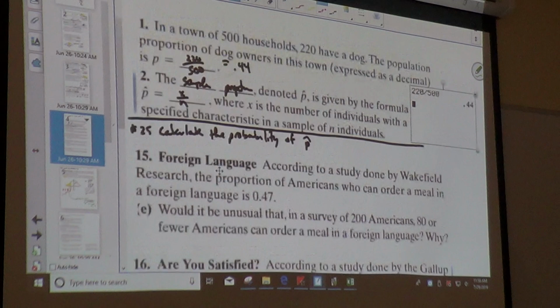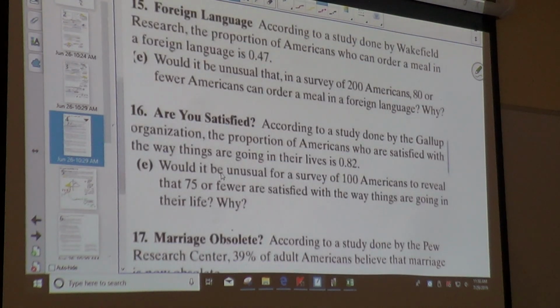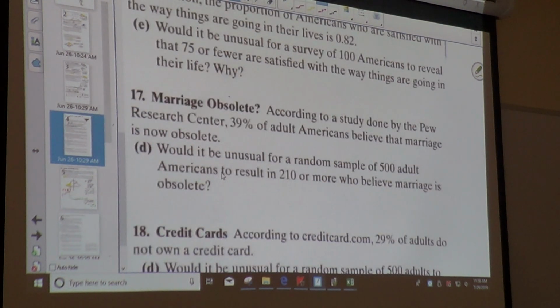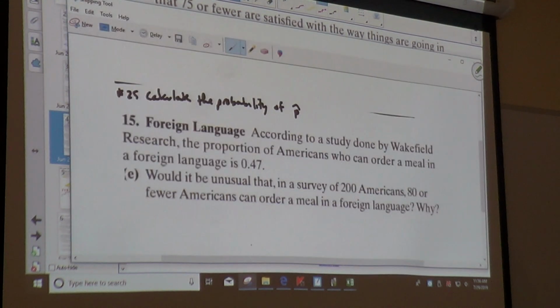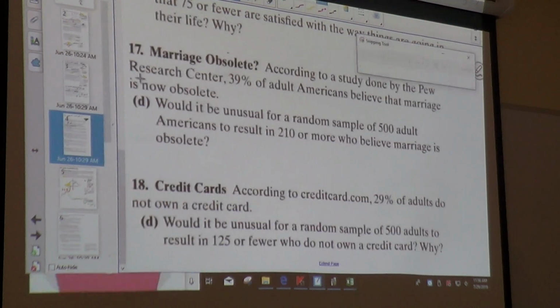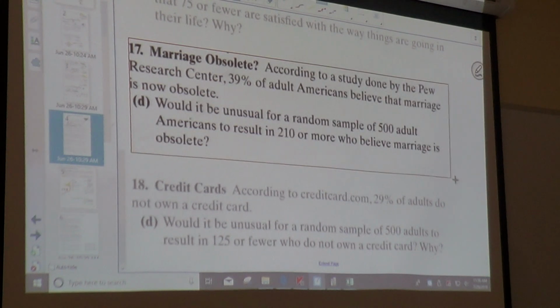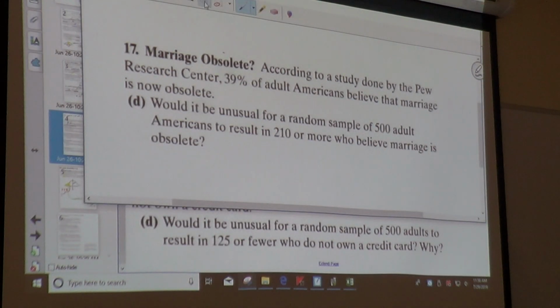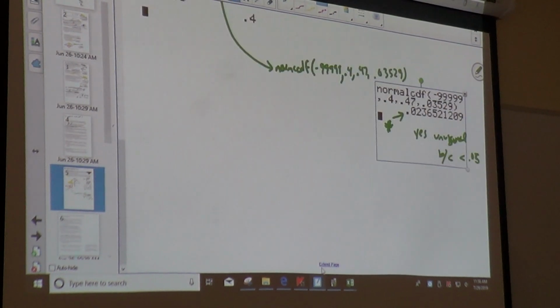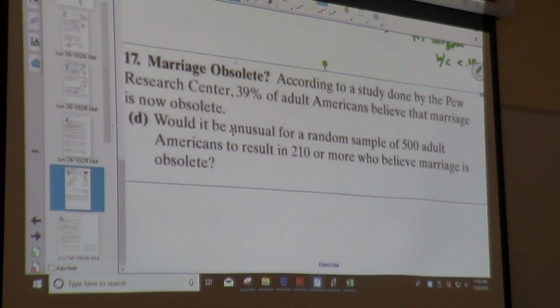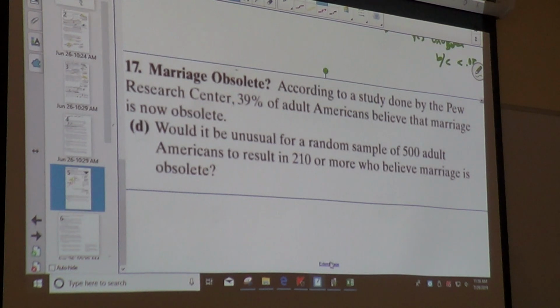Let me let y'all try one of those from start to finish. Let's do this one. Copy. This is still number 25.